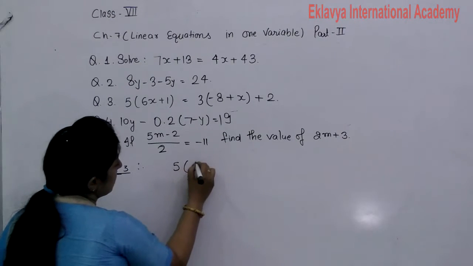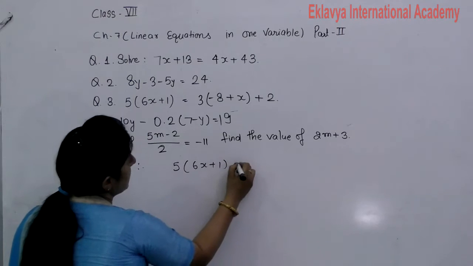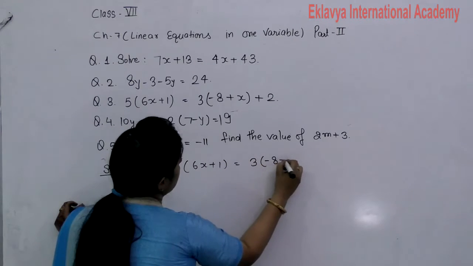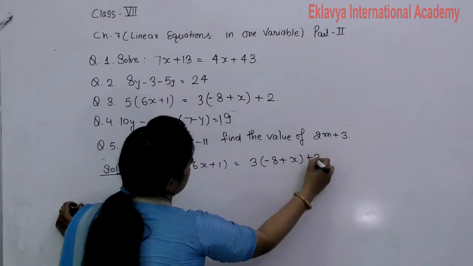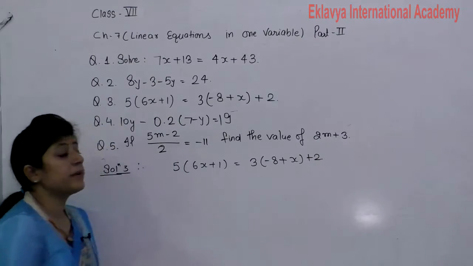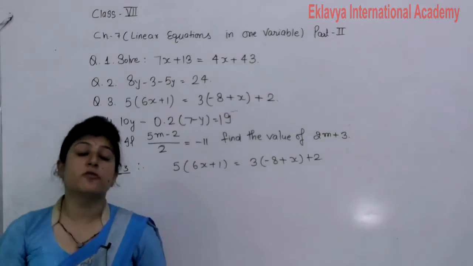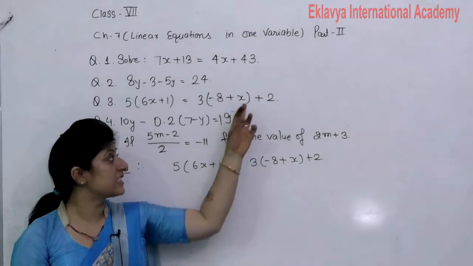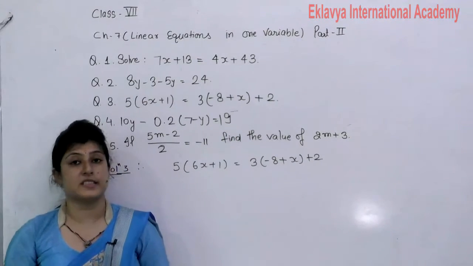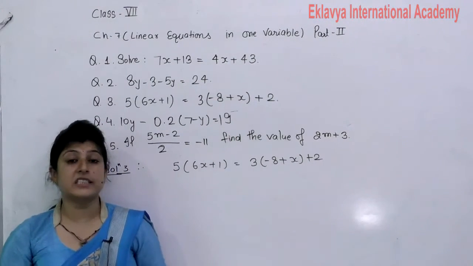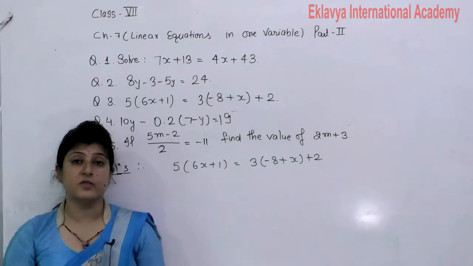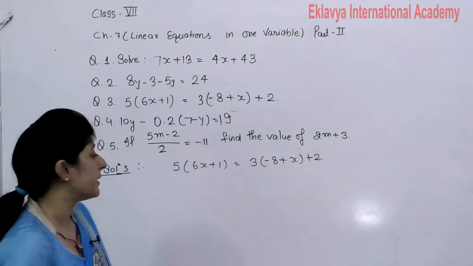5 into (6x plus 1) is equal to 3 into (minus 8 plus x) plus 2. If anything is in brackets, this type of grouping symbol, this type of sign is called parenthesis. If anything is in this parenthesis, then firstly we remove the grouping symbol.